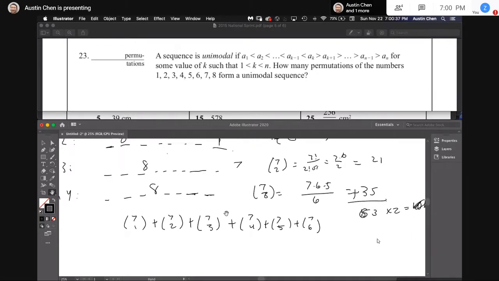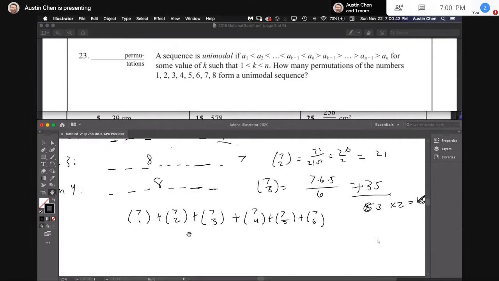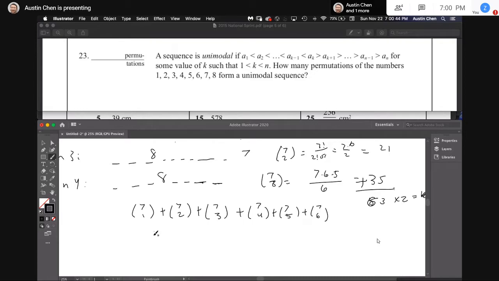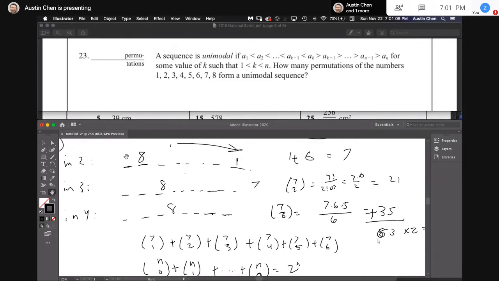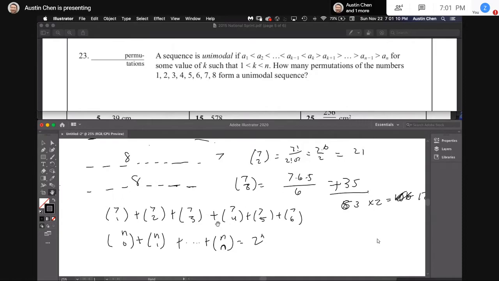And also, I don't know if this really saves you some time, but you could also use the fact that if you have n choose 0 plus n choose 1 plus dot dot dot all the way to n choose n, then this sum will equal 2 to the n. So this is like what we have here, except we're missing the 7 choose 0 and 7 choose 7, right? And we're missing that because the 8 can't be in the first or the last position.